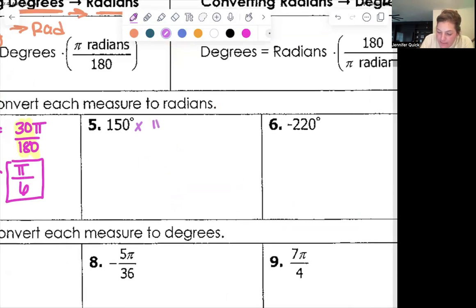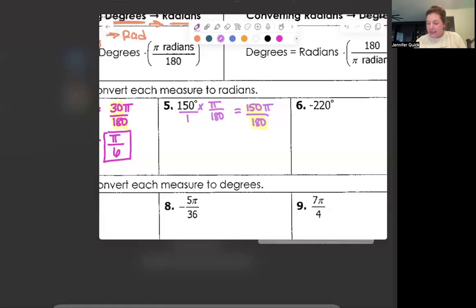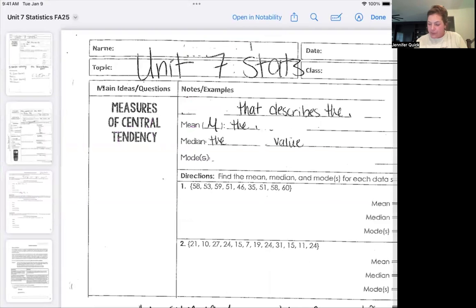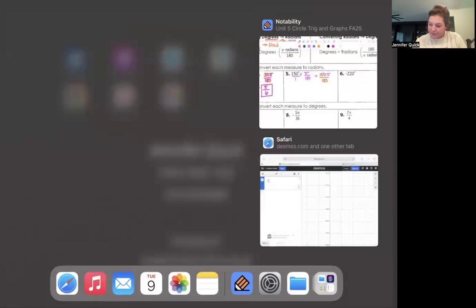I'm going to times by pi over 180. This would be 150 pi over 180. And then I'm going to simplify my fraction. Now, if you're in your calculator, you could do 150 divided by 180. Enter, math, enter, enter, and that will reduce your fraction for you if you are not confident in your reducing skills.